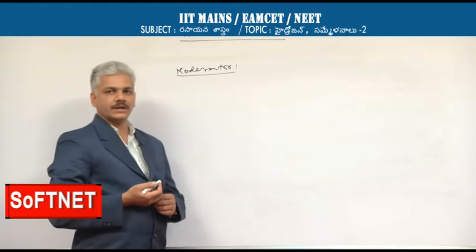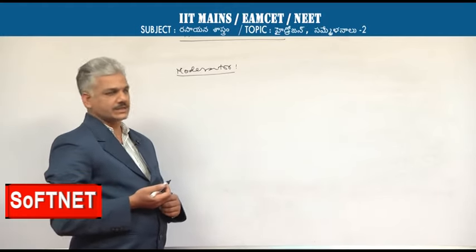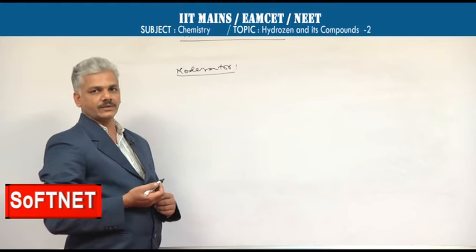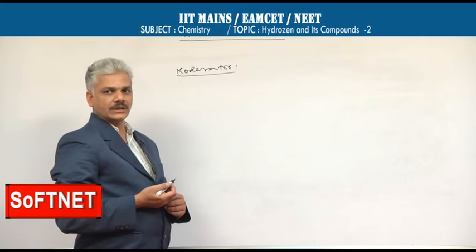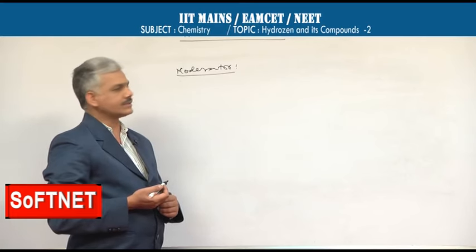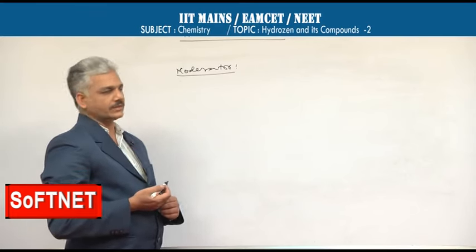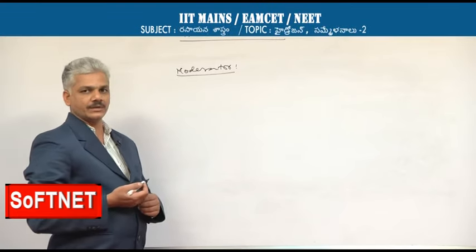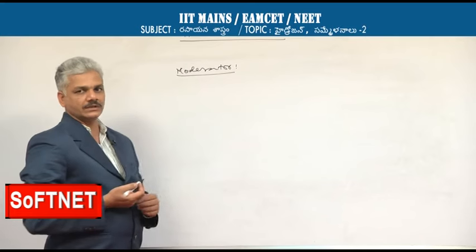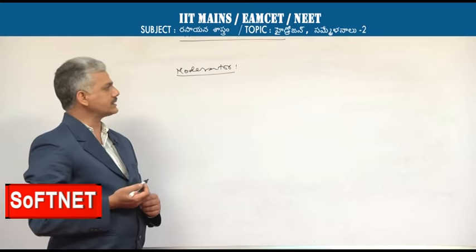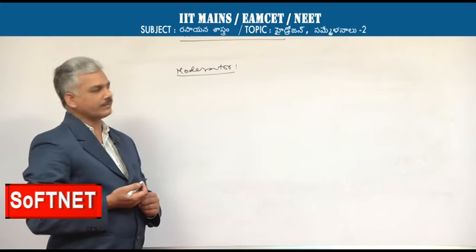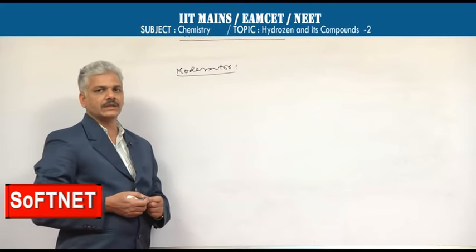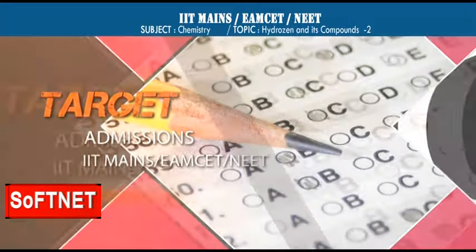Otherwise, the secondary neutrons will initiate a number of fission reactions which cannot be controlled, leading to chain reaction which leads to explosion. So, to control the speed of the secondary neutrons, this heavy water is used. That is its major application. Minor application is the heavy water is used to study the reaction mechanisms.